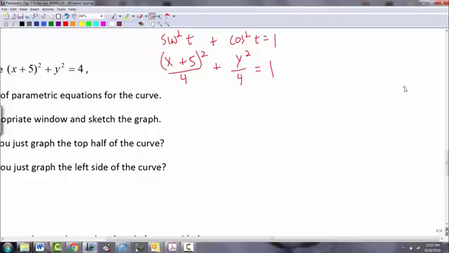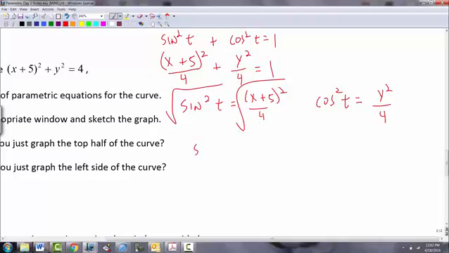Sine squared equals... Actually, the way I have this listed, I'm sure it wouldn't matter if you switched them, but the way I have it is what we'll do. And then cosine squared of t equals y squared over 4. What are you going to do to both of these? Like sine squared equals blank squared?